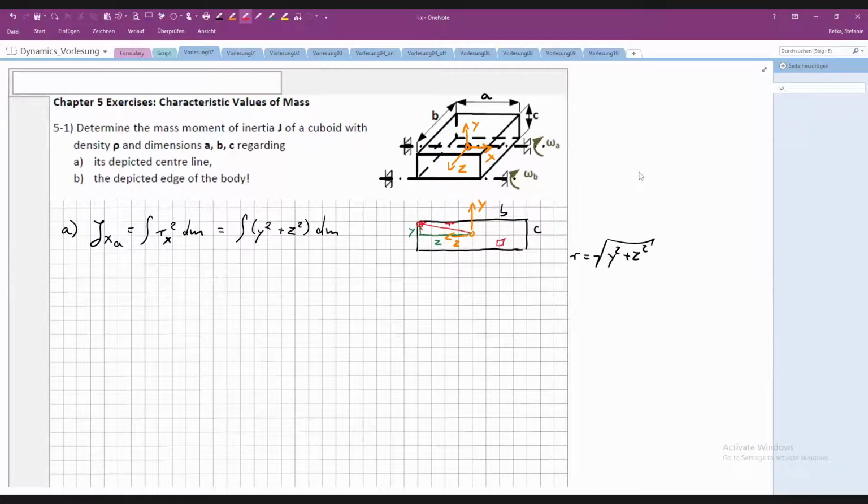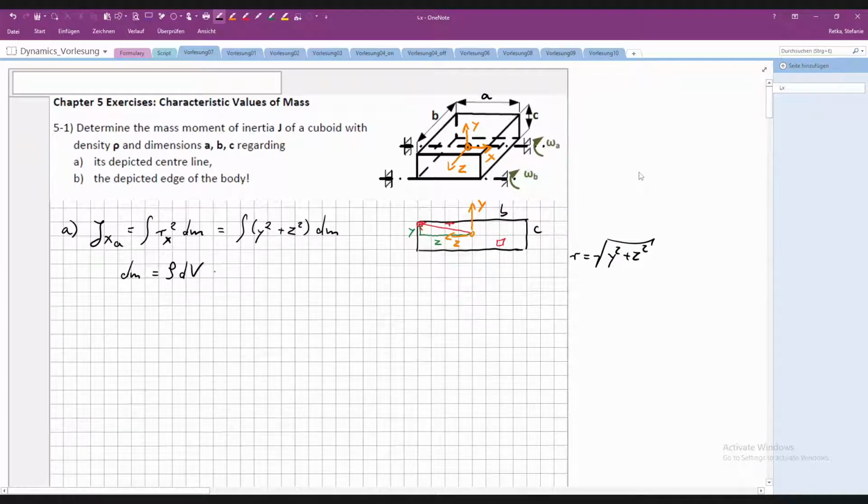Okay, now we cannot directly integrate over mass, but we have to change into variables that we are able to integrate. So the small mass element dm can be computed by density multiplied by the volume of the small mass element, dV.